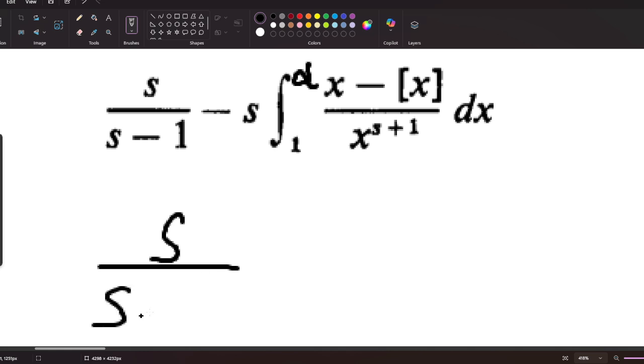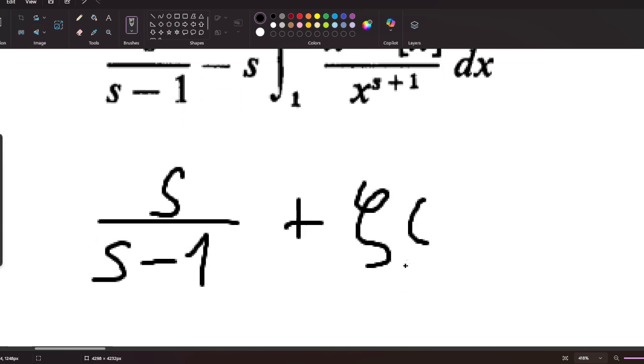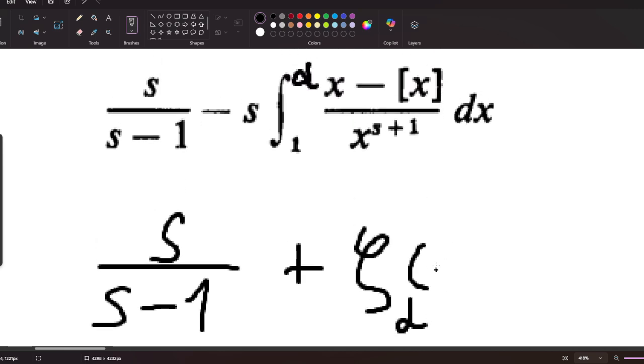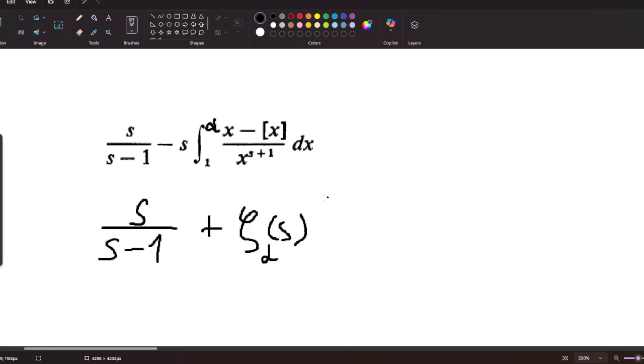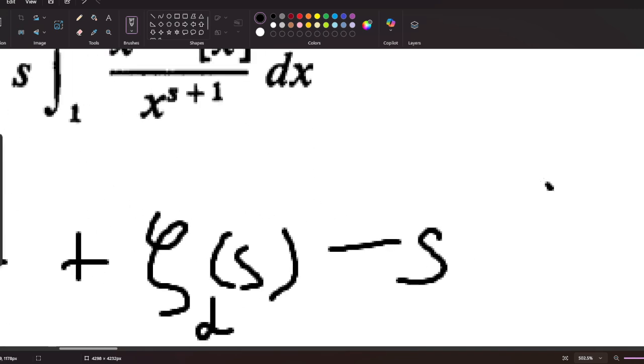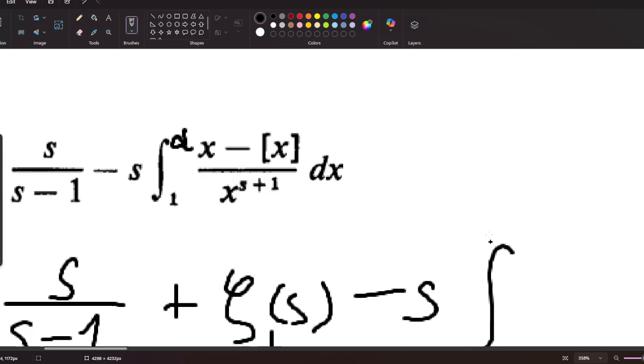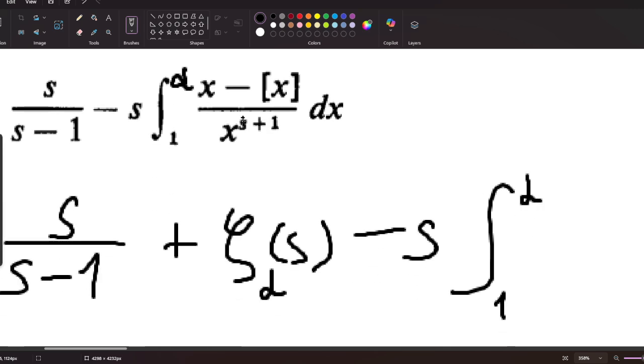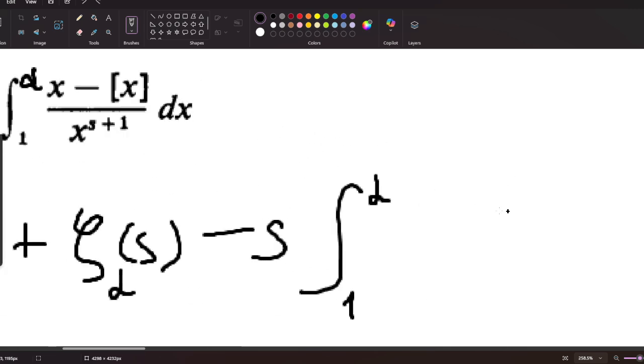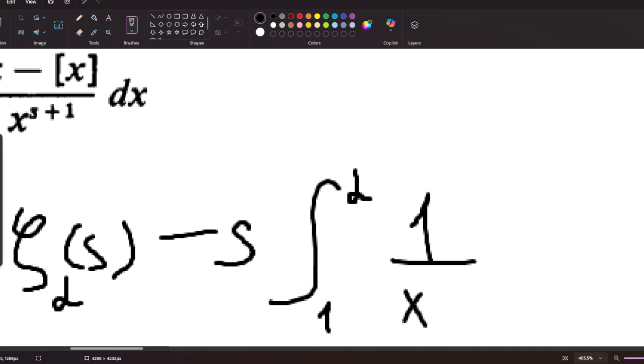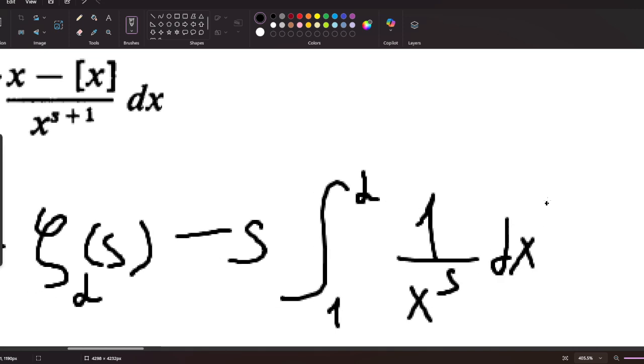So we have s over s minus 1. Minus times minus here is going to be plus the Riemann zeta function up to a of s, minus s times the integral from 1 to a of x over x to the power of s plus 1, which is going to be 1 over x to the power of s dx.